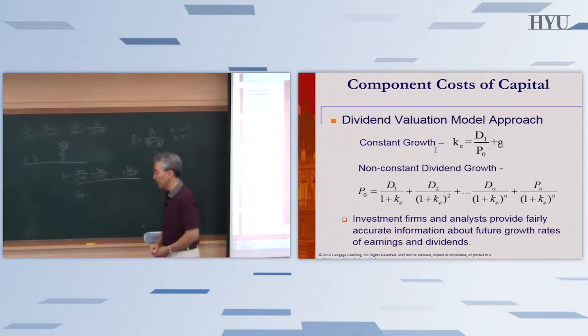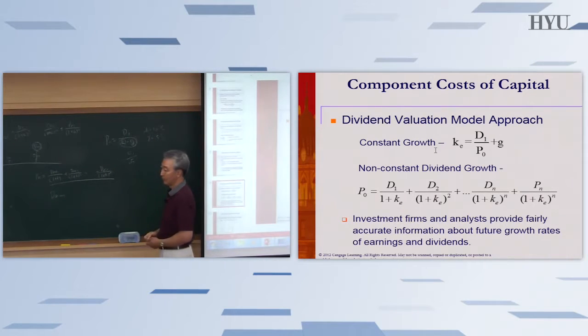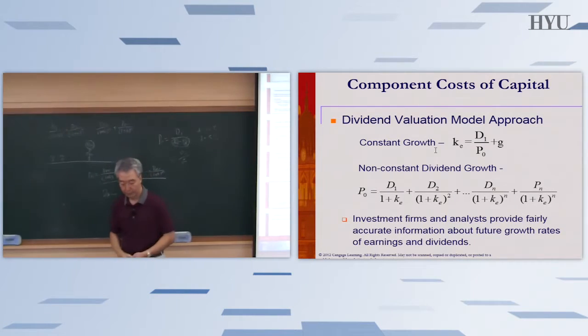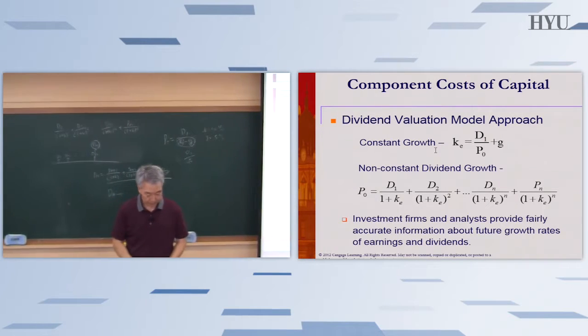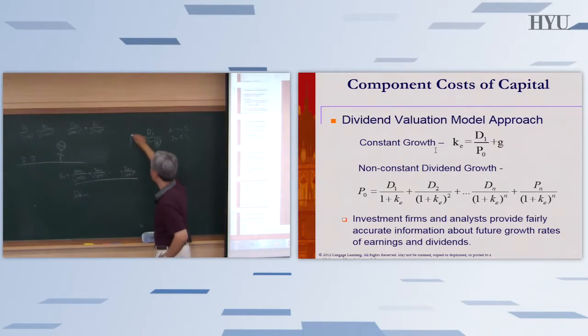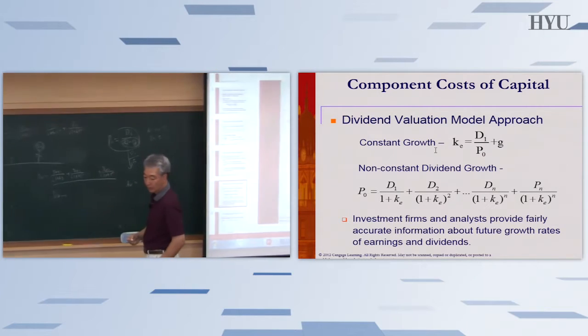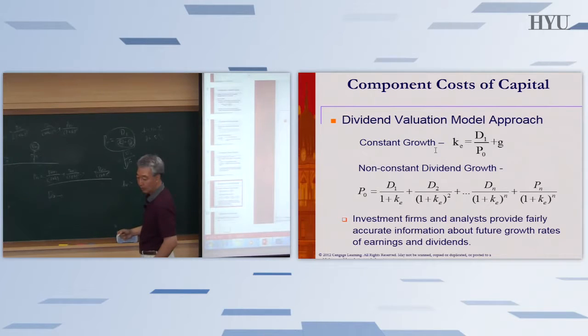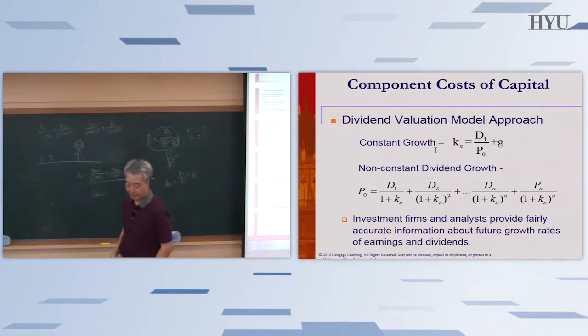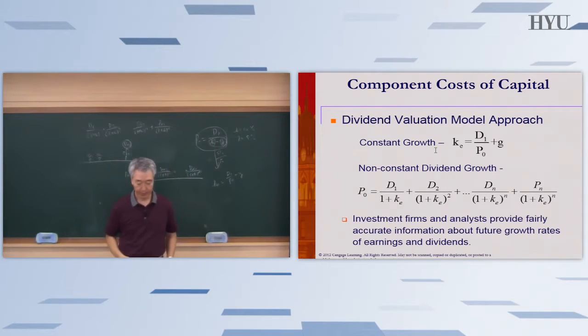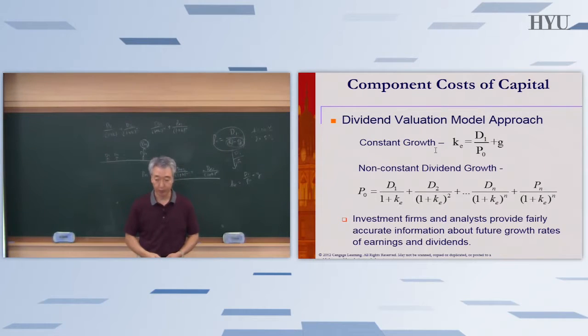And obviously, K has to be larger than G. If the discount rate is lower than G, then you won't be able to calculate the current price. From that formula, we can rearrange and come up with KE equals D1 over P plus G. For the cost of equity, you have to notice that it's D1, not D0.